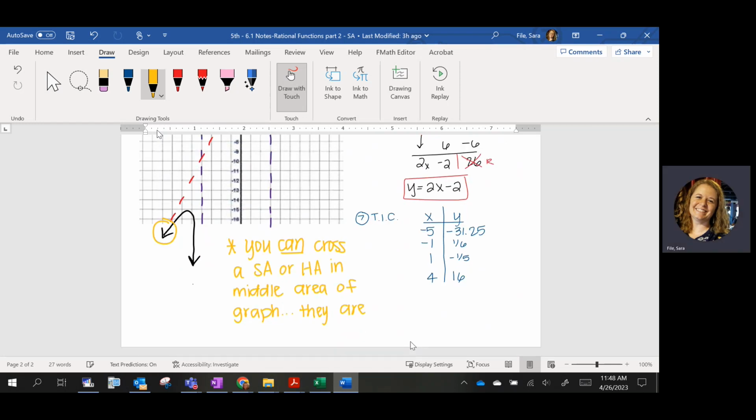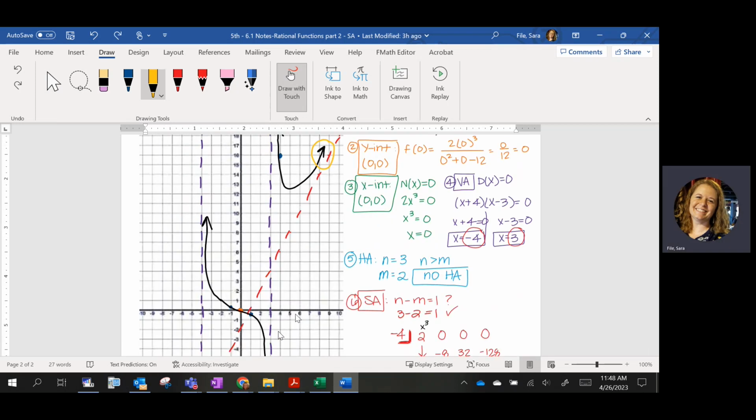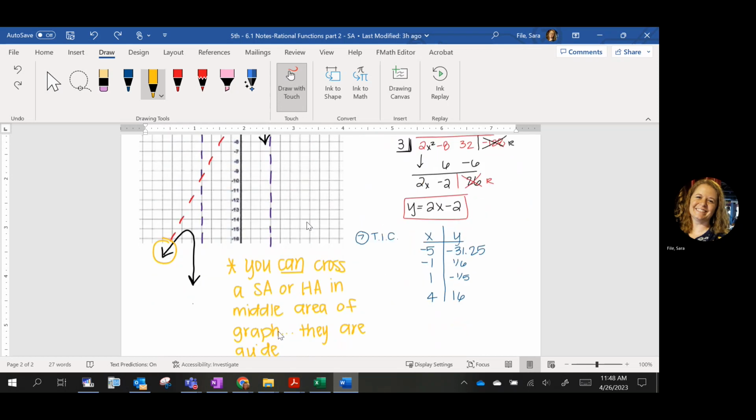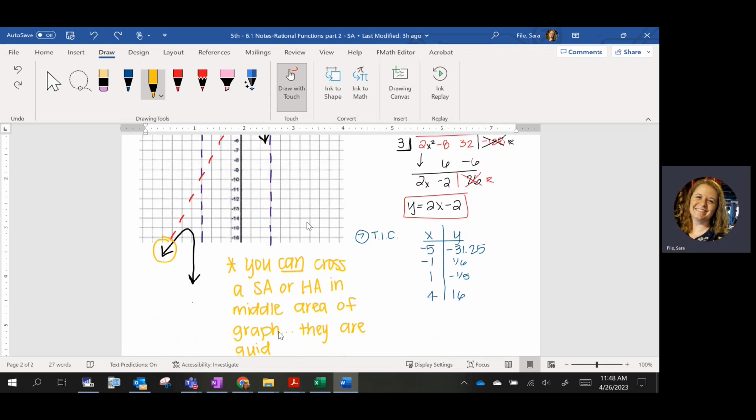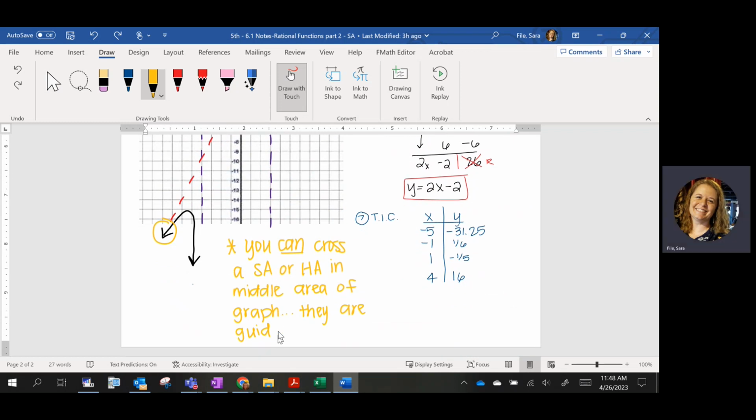They are there to guide, or guiding, I should say, end behavior.